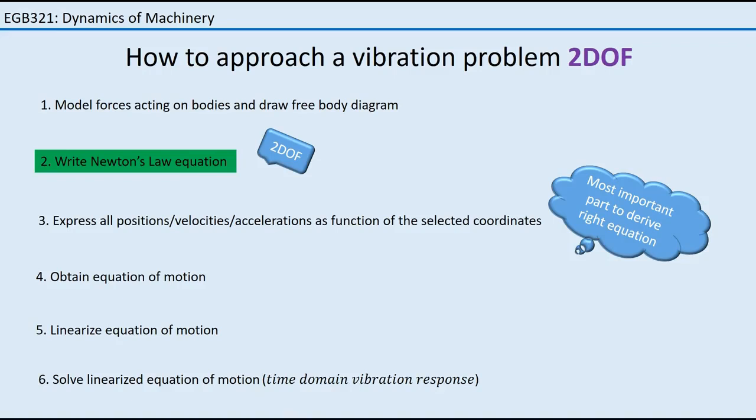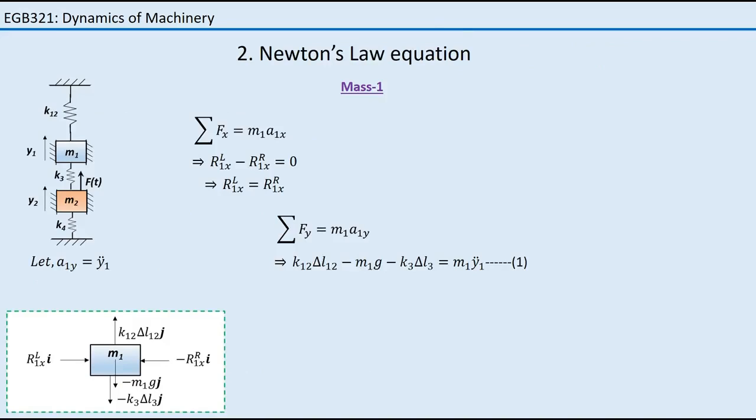Next is to write Newton's law equations. Again we start with mass 1, and if we look at the free body diagram of this mass, we can see that because the mass is moving only in the vertical direction, in the horizontal direction there is no displacement as well as no acceleration.